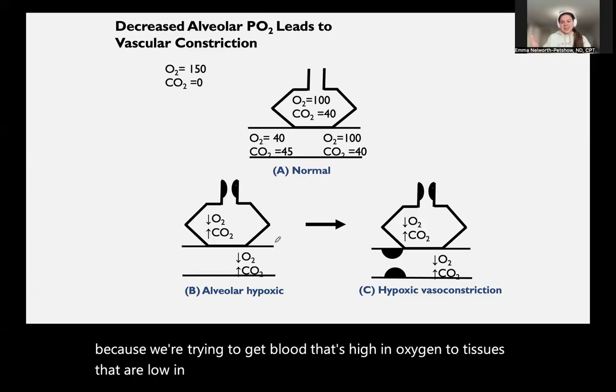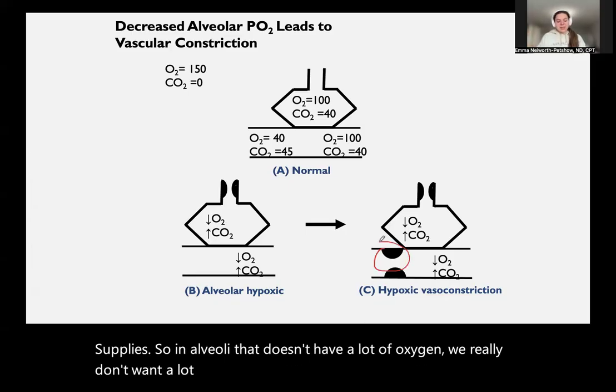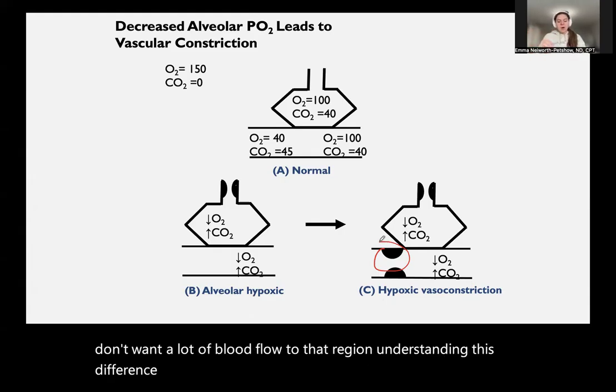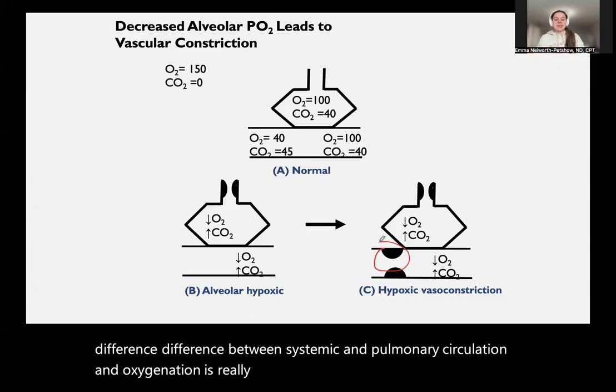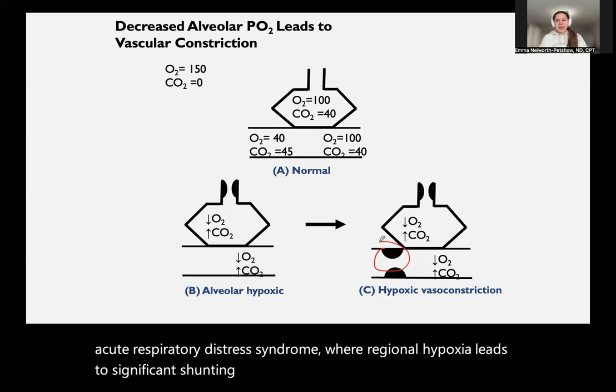But in the lungs, we're trying to get oxygen into the blood. So for an alveolus that doesn't have a lot of oxygen, we really don't want a lot of blood flow to that region. Understanding this difference between systemic and pulmonary circulation and oxygenation is really critical for interpreting diseases like ARDS, acute respiratory distress syndrome, where regional hypoxia leads to significant shunting of blood and then refractory hypoxemia.